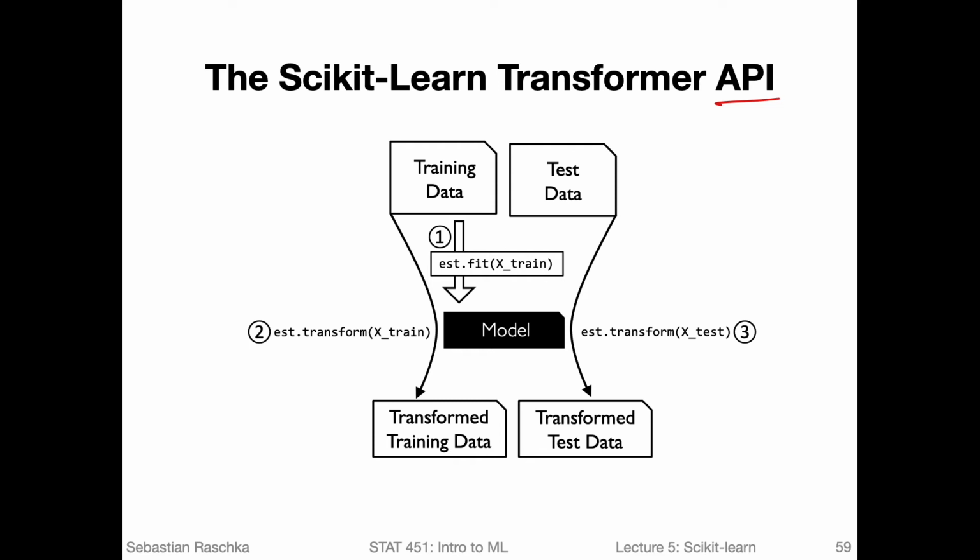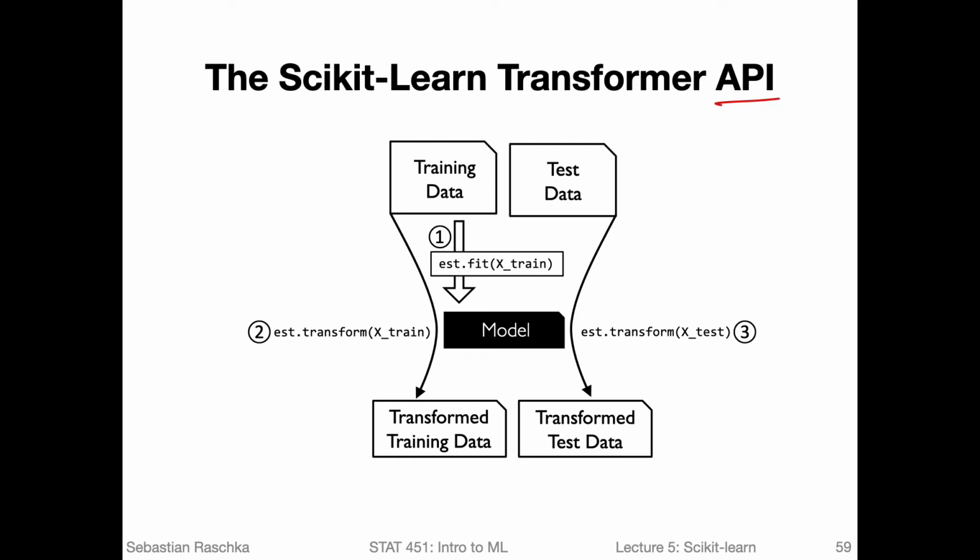Here we are talking about a technique for transforming your data, such as min-max scaling or standardization. Scikit-learn has an API for all kinds of different transformers, such as standardization and min-max scaling transformers, which I will show you in the next slide.